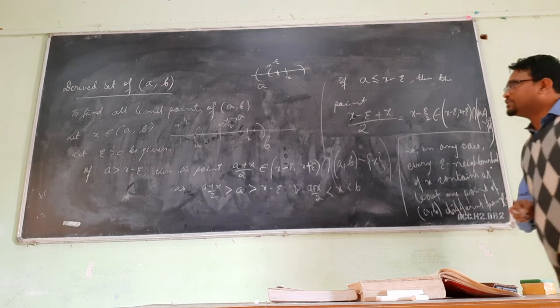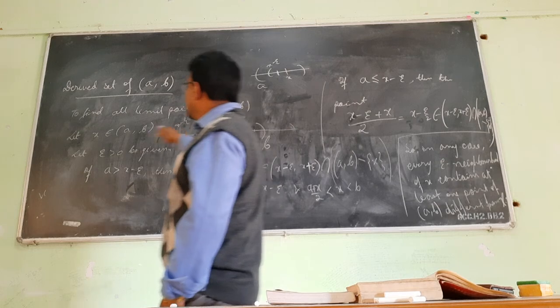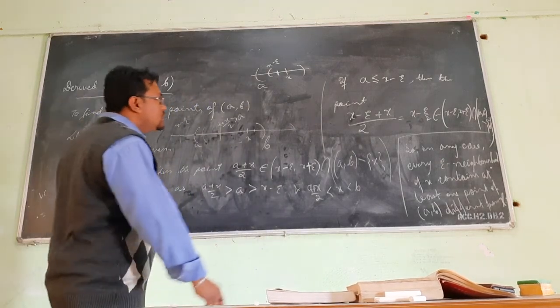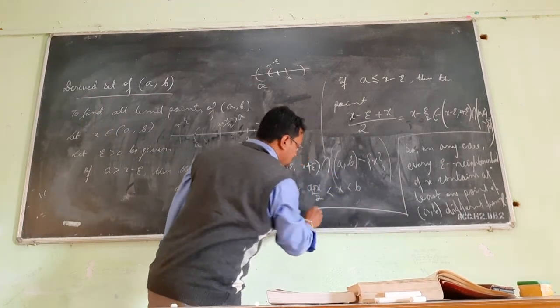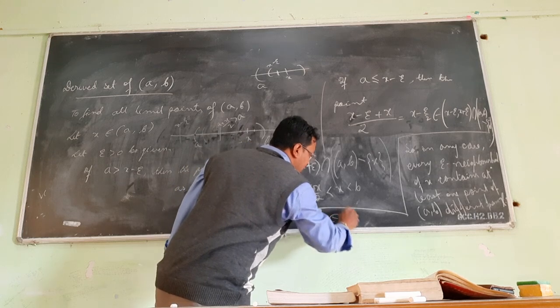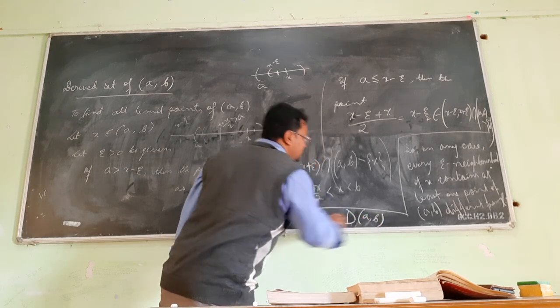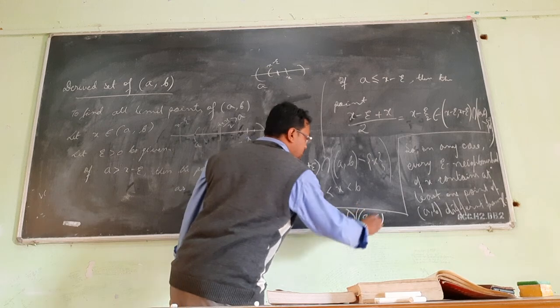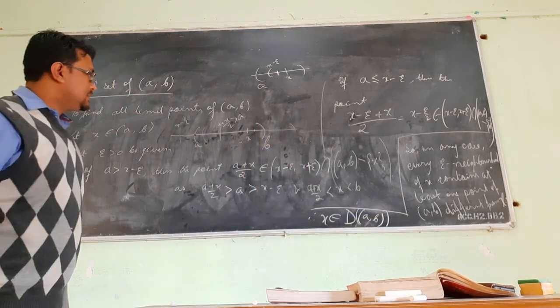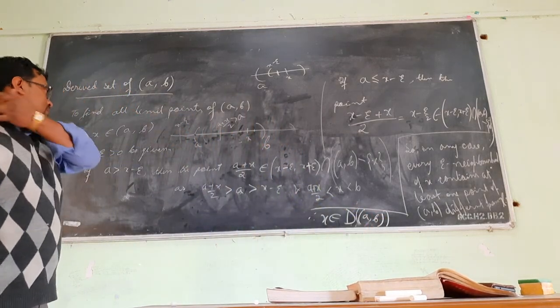So x is a limit point. Any point inside this set is a limit point. Therefore x belongs to the derived set of AB. So every point inside this interval is a limit point.